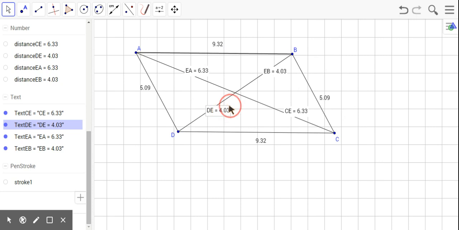Likewise, here and here. What our diagonals are doing is they are bisecting each other. They are intersecting right here at this point, and that intersection causes a bisection. And that is our parallelogram properties.